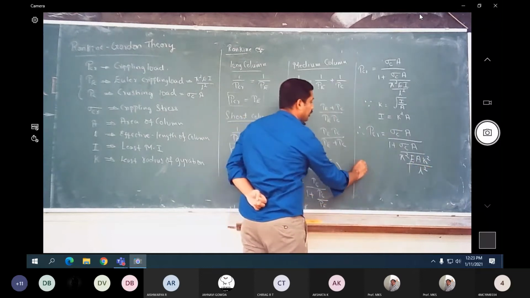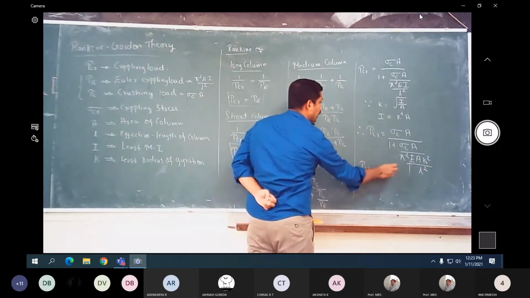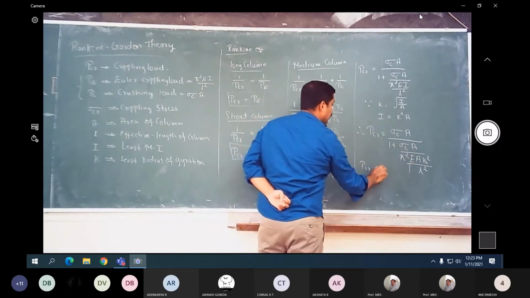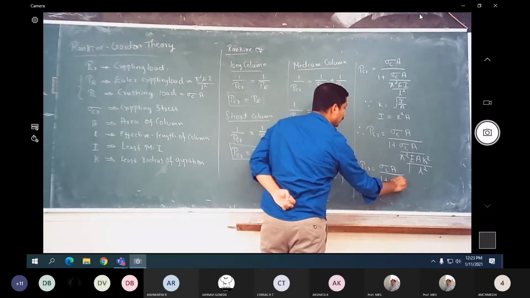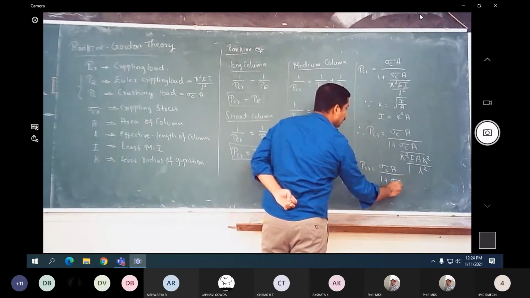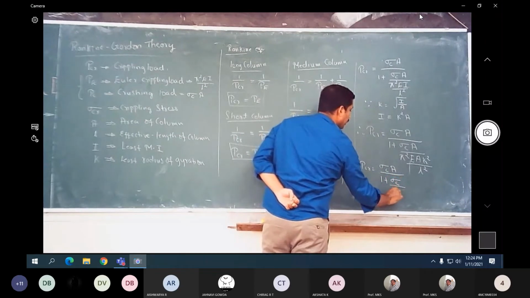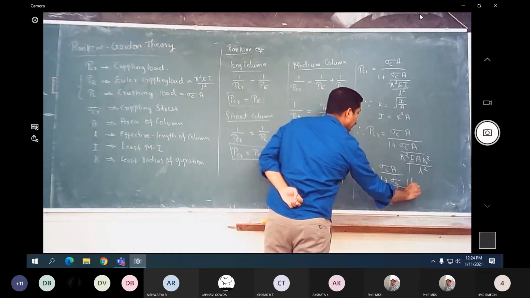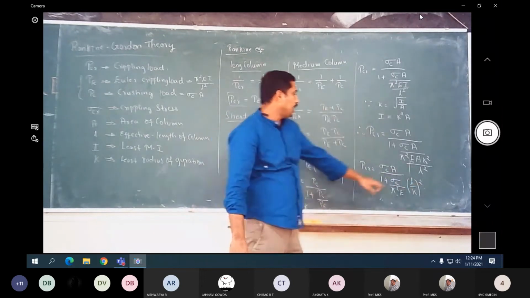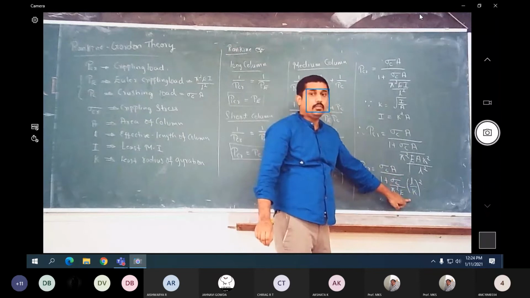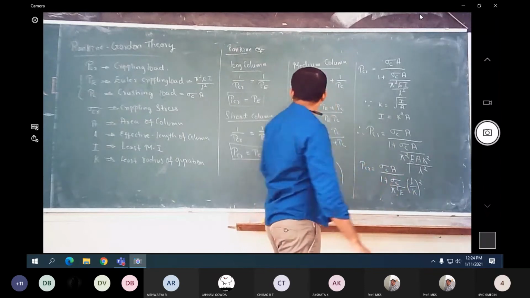Or I can write PCR will be equal to, A gets cancelled here, sigma C into A divided by 1 plus sigma C by pi square into E, into L by K whole square. So this L by K is slenderness ratio.